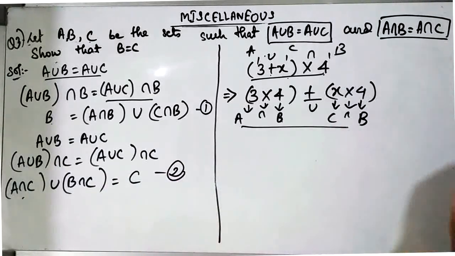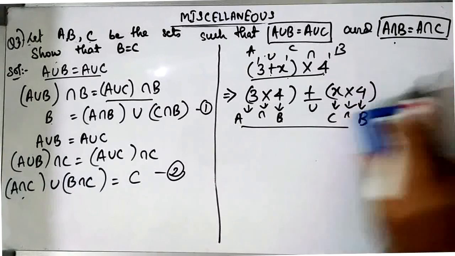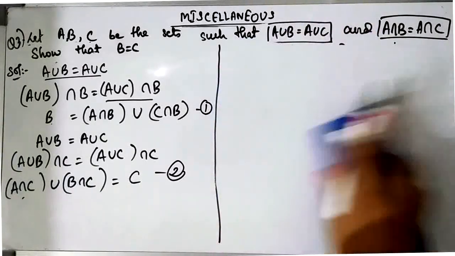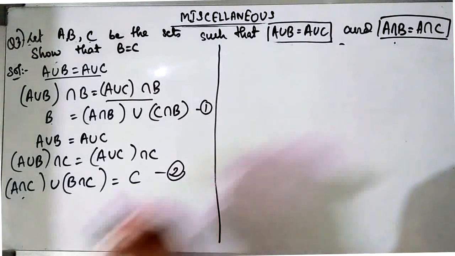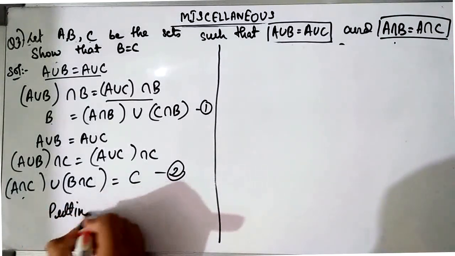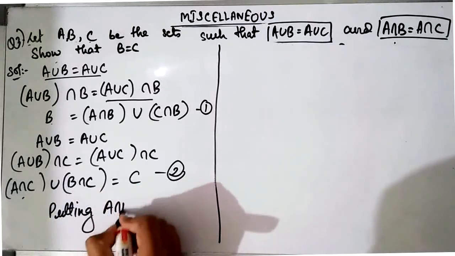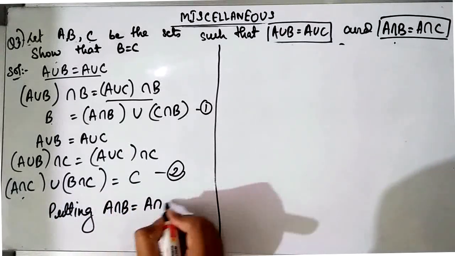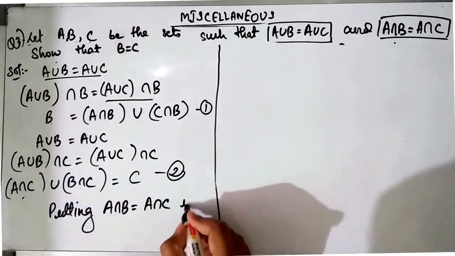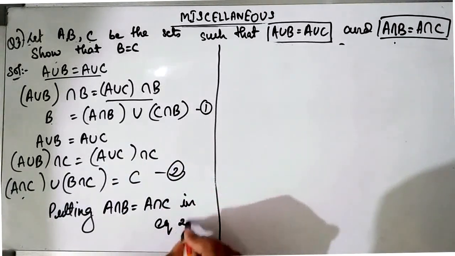Now we have to take this value. We will take our second value, that is A intersection B is equal to A intersection C, and we will put that value in our second equation, equation 2.